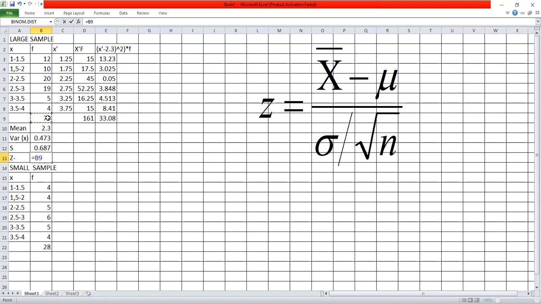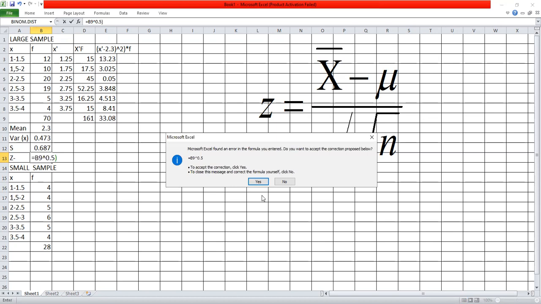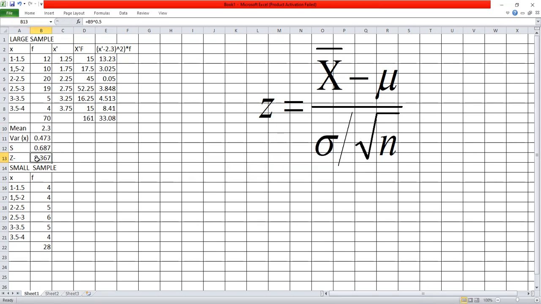That's the square root of 70. I'm solving for you because you can solve it yourself, but I'm using Excel, so don't worry about what I'm doing here.